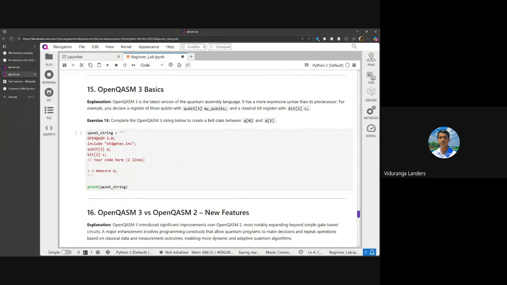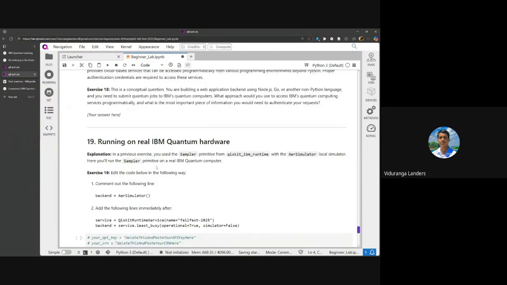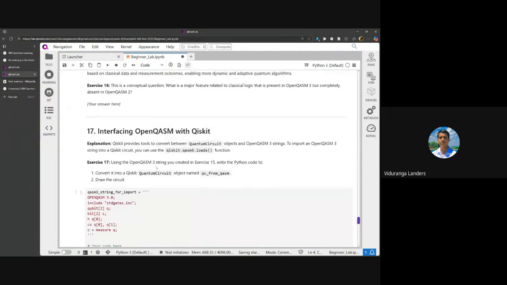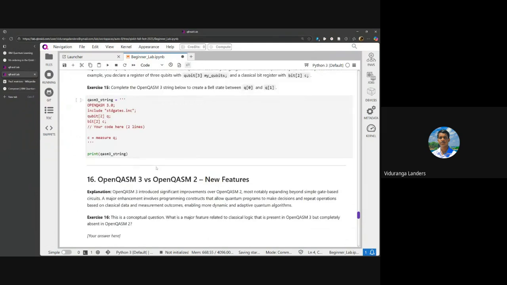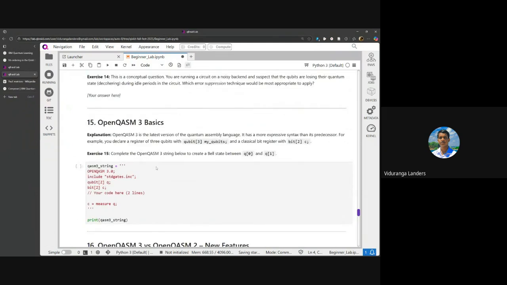So I hope everything is clear up until now. We will quickly finish this with OpenQASM. So we talked about Qiskit, but Qiskit is not the standard of quantum computing, let's say. Qiskit is the most used language, but it is not the one that is agreed by everyone.